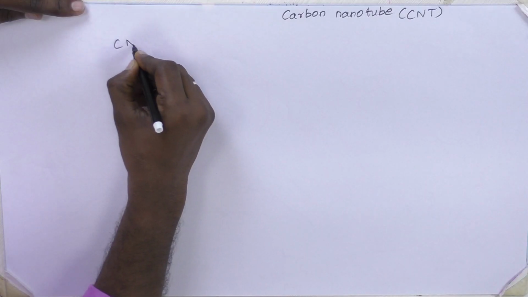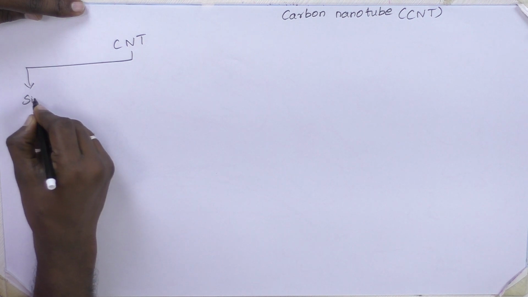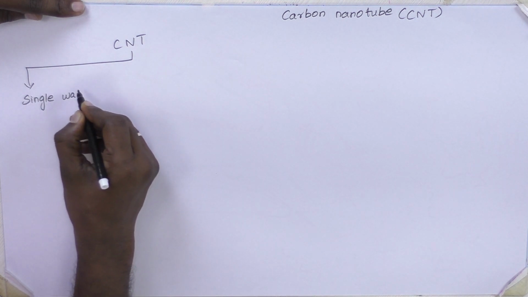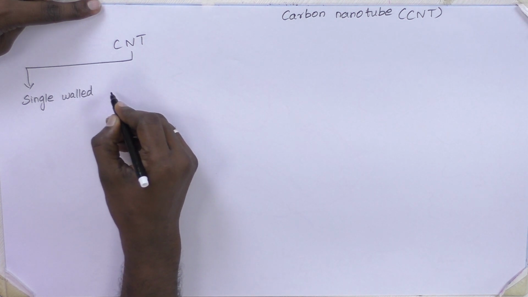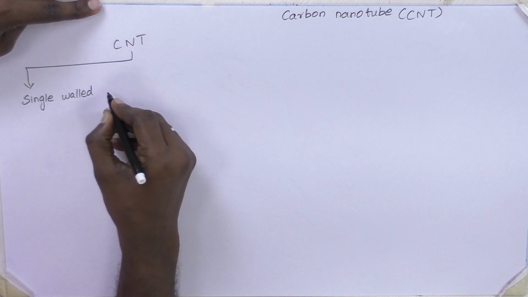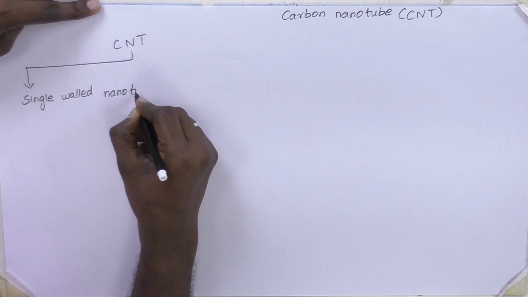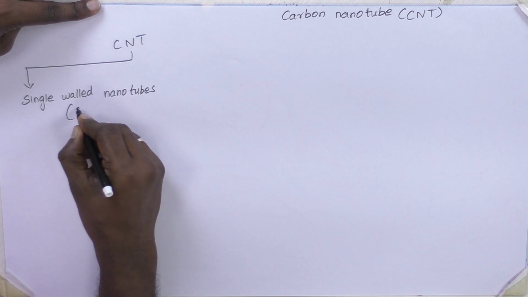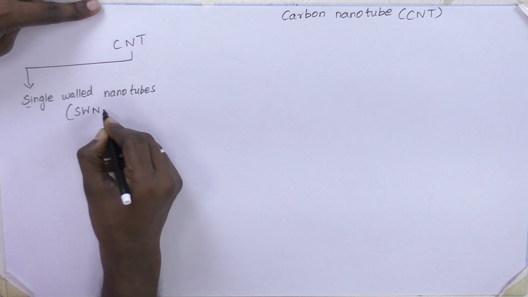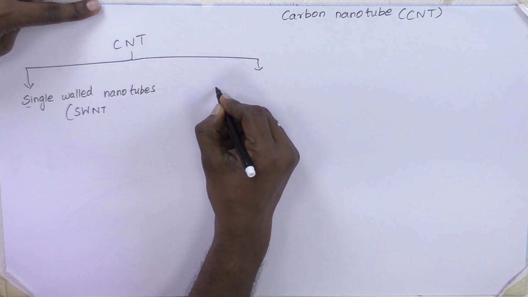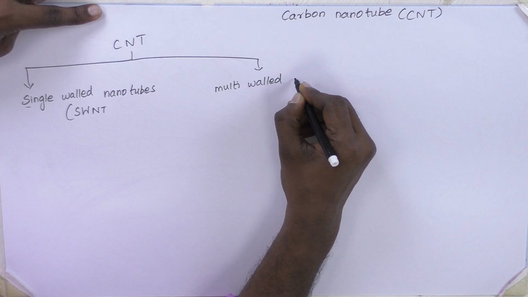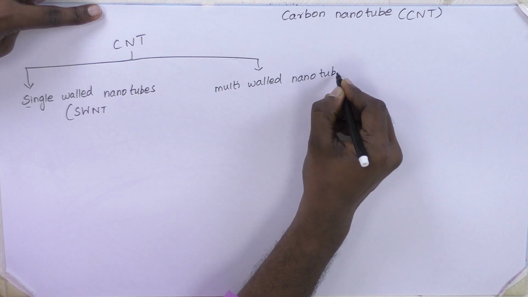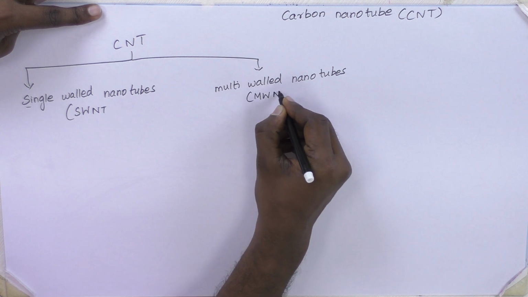This carbon nanotube can be classified into two types. They are single walled carbon nanotubes, which can be abbreviated as SWNT, and multi-walled nanotubes, MWNT.